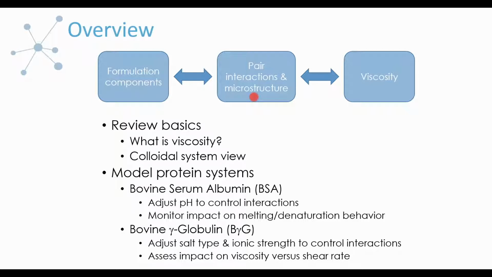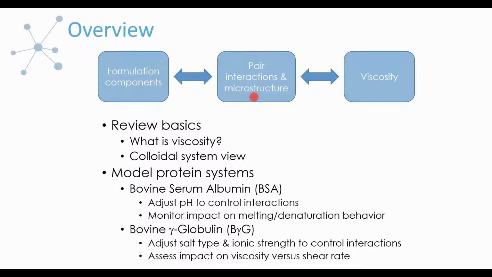So we can adjust pH to control the level of charge, the effective charge of the molecule. And then, once we do this with the different buffers, we're going to monitor viscosity as a function of temperature to look at whether you refer to it as melting or denaturation of the protein.